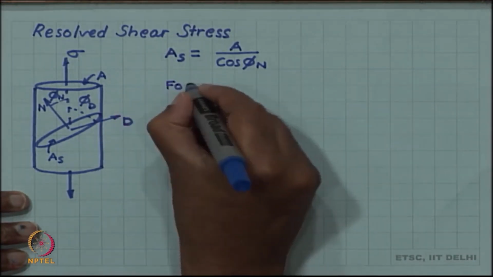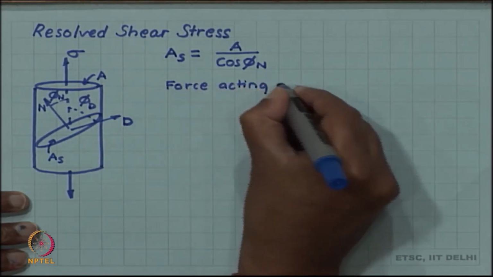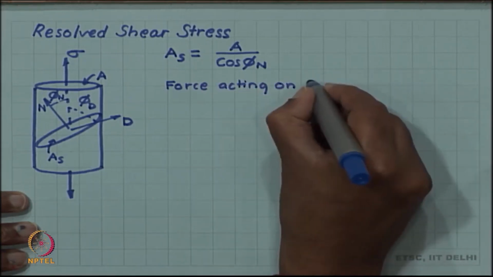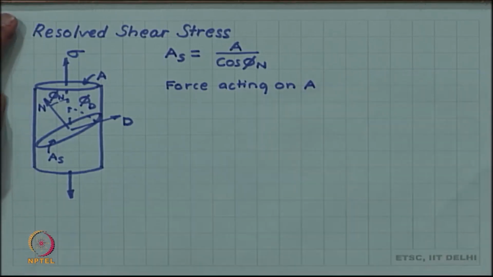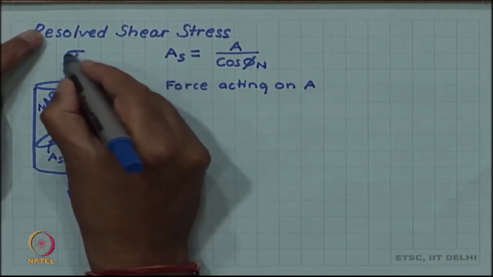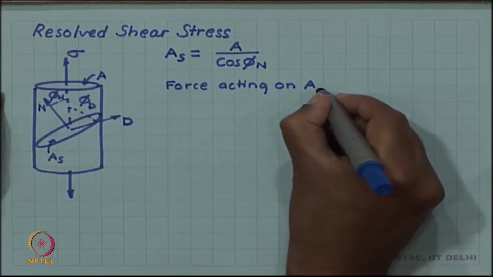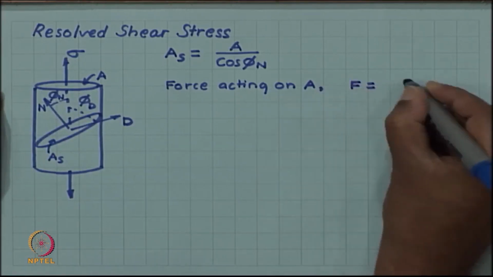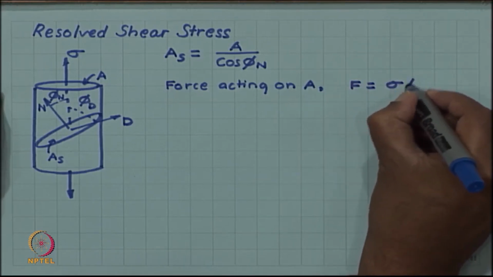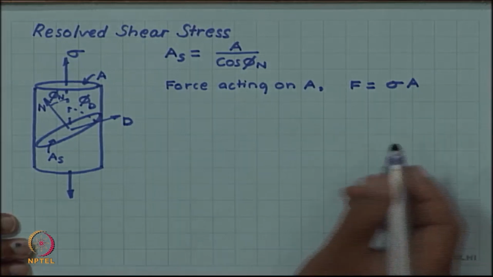So, the tensile force acting on A, by definition, since the definition of a stress itself is force divided by cross sectional area, will be given by F is equal to this stress times A, because stress is force divided by area.